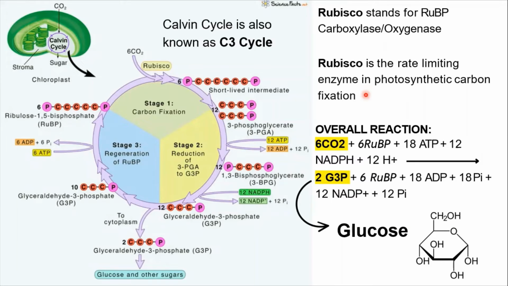And Calvin cycle, take note, it occurs in all plants. It occurs in all plants. The only difference of C3 plants from C4 and CAM plants is that the C4 and CAM plants have additional mechanisms which make them more efficient in terms of carbon fixation.